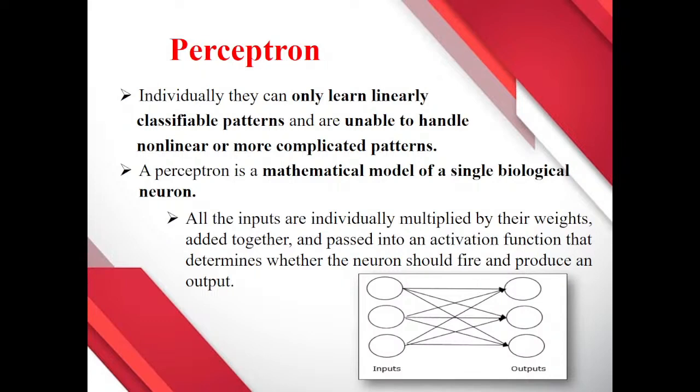For that reason it is a single layer neural network, and its special name is perceptron. This neuron is very effective for linear classification. Whenever the problem is linear or tends to linear, it is a very effective method.